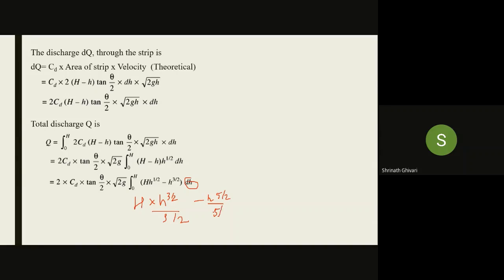Is this correct or not? I am only integrating this part because everything else is constant. So H remains as it is: h raised to 3 by 2 by 3 by 2 minus h raised to 5 by 2 by 5 by 2. Is this right or wrong?